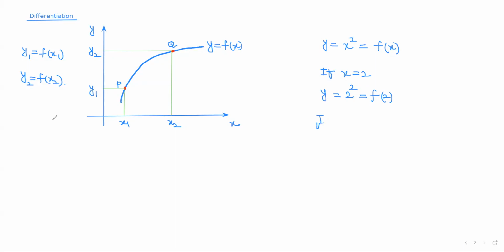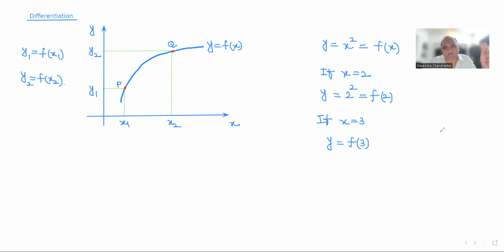Now if x is equal to 3, y will be f of 3. Understood or not? That's why when I substituted x as x1, I wrote y1 as f of x1 and y2 as f of x2. I hope all of you understood this.